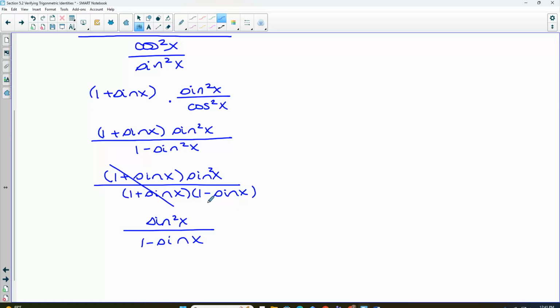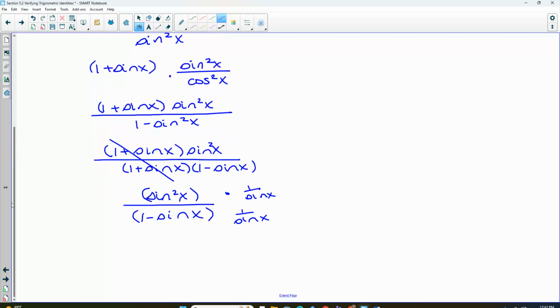Sine squared divided by sine. What would happen if you divide it by sine? Or essentially what he said is, if you multiply it by 1 over sine, on top and bottom. What's sine squared x over sine x?